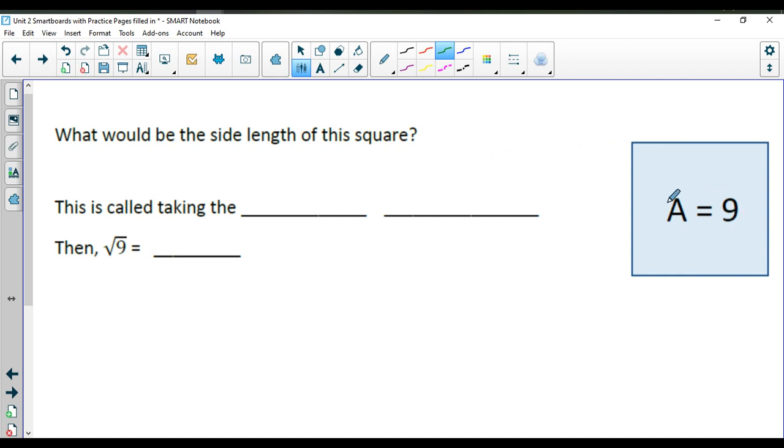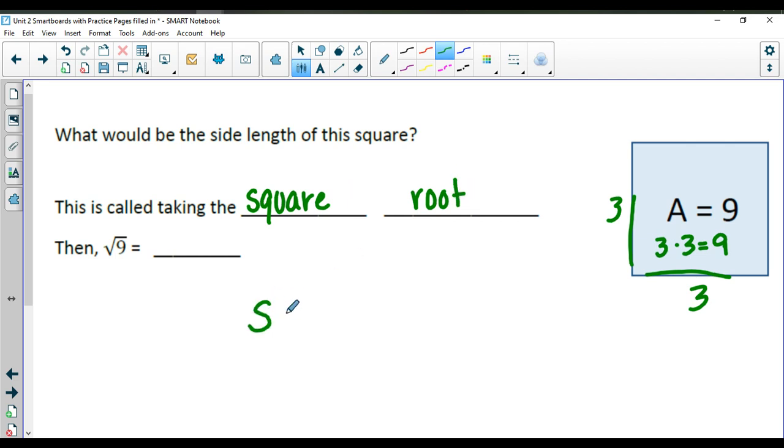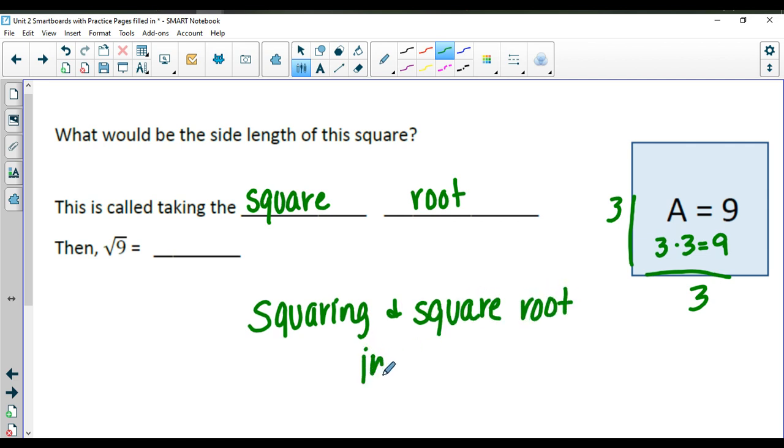If I look at this square, the area is 9. These sides would both have to be 3 because 3 times 3 is equal to 9. When we do this and we're working backwards, this is called taking the square root. So squaring and square root are what we call inverse operations.